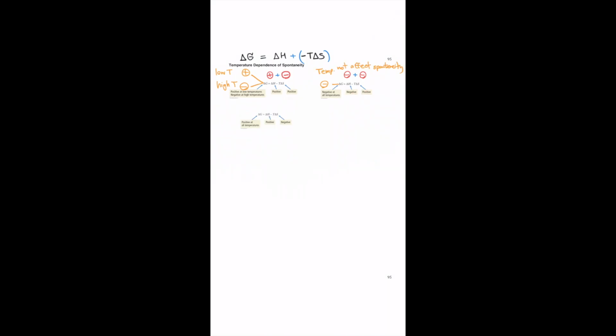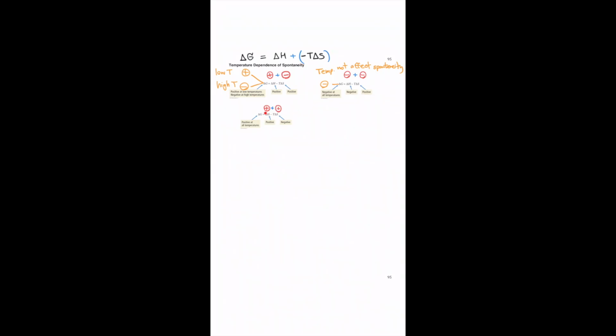Next, let's take a look at the scenario when you have a reaction which is endothermic. So delta H would be positive in this case. When you add this positive delta H with the term of negative T delta S, if the entropy change of the system is negative, or the dispersal decreased, this negative multiplied by negative is going to give you a positive value for this term.